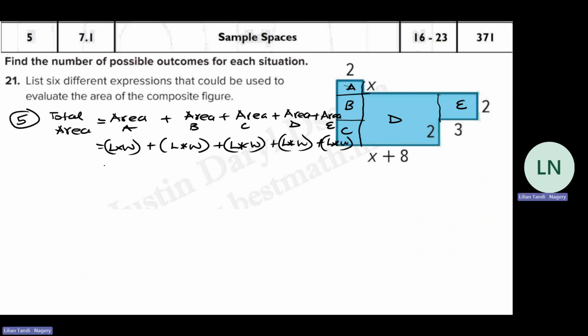Okay? Area A, this will be just 2 times x, which will give you 2x.